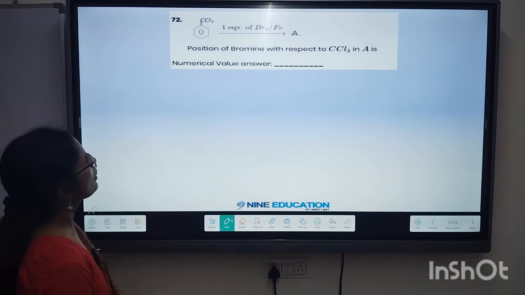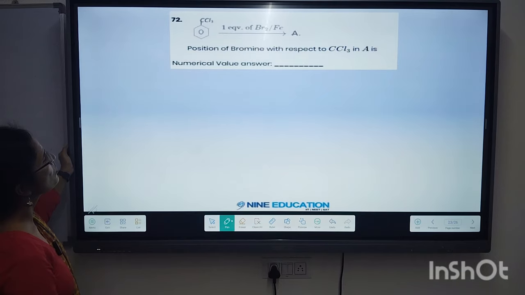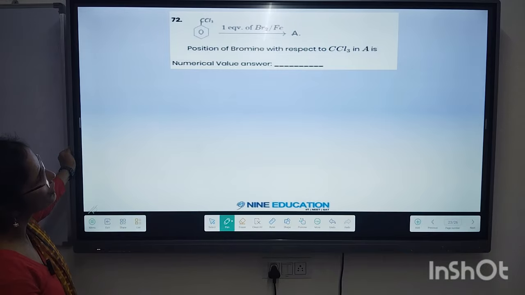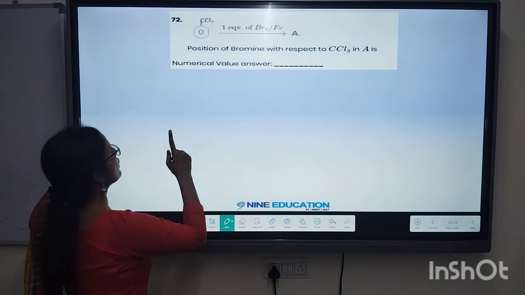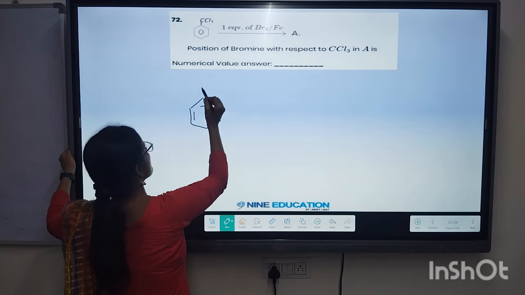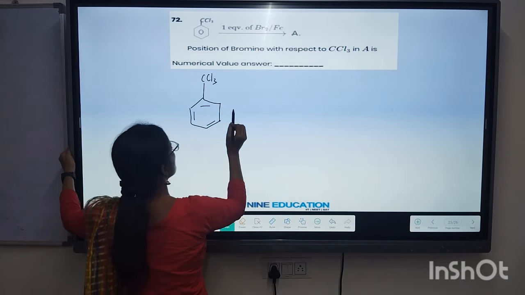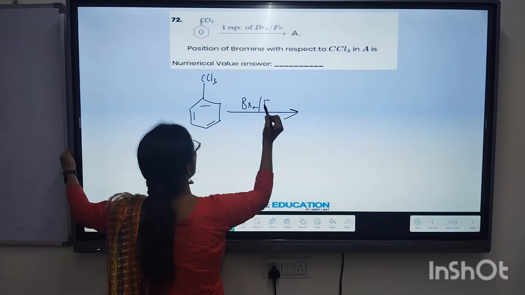Coming to question number 72, we have benzene connected to CCl3 reacting with one equivalent of Br2/Fe, giving us some A. The question asks for the position of bromine with respect to CCl3 in A. See the reactant: we have benzene connected with CCl3, and we are reacting it with Br2/Fe, one equivalent.